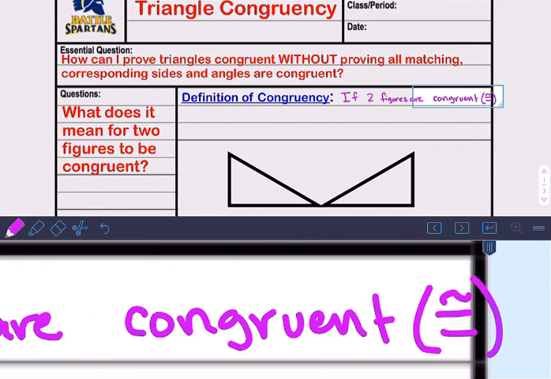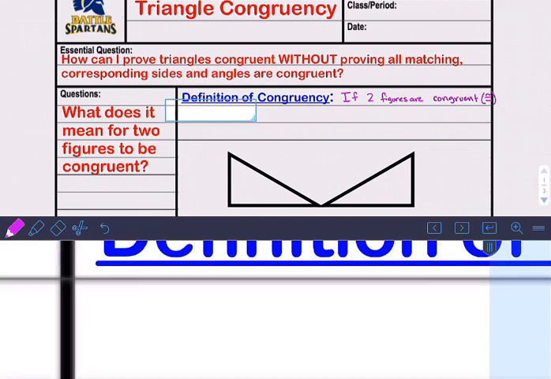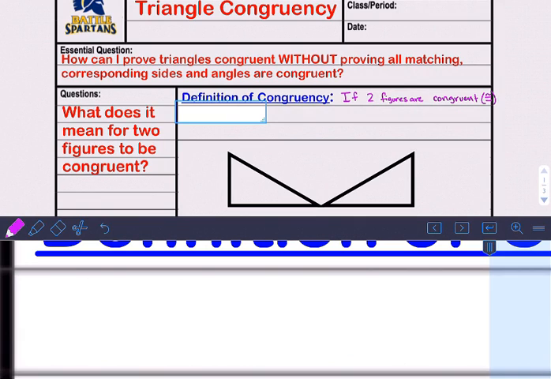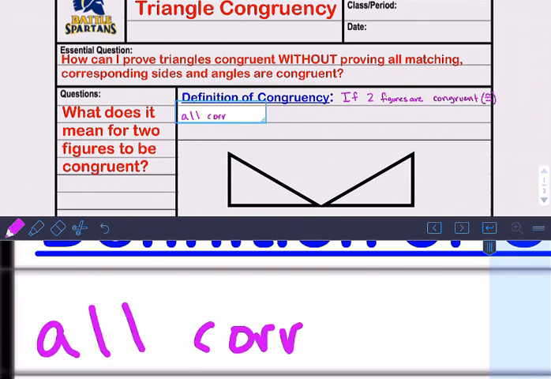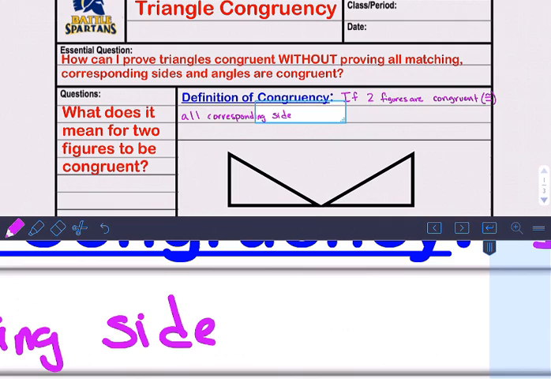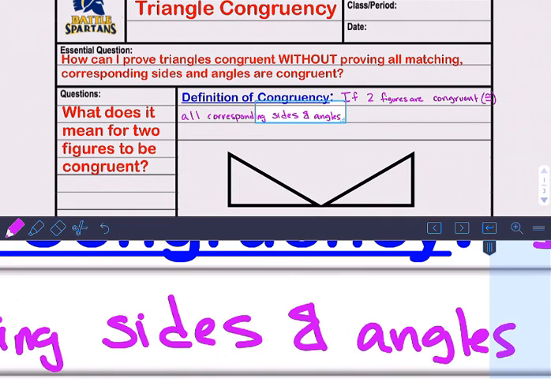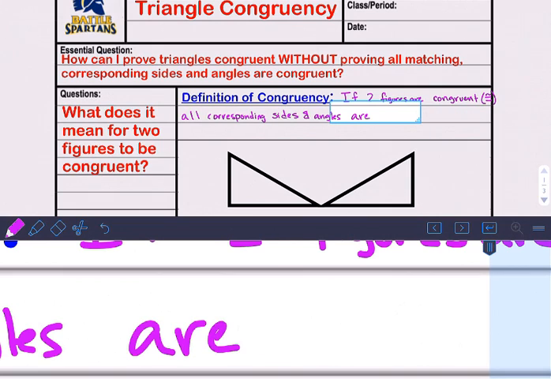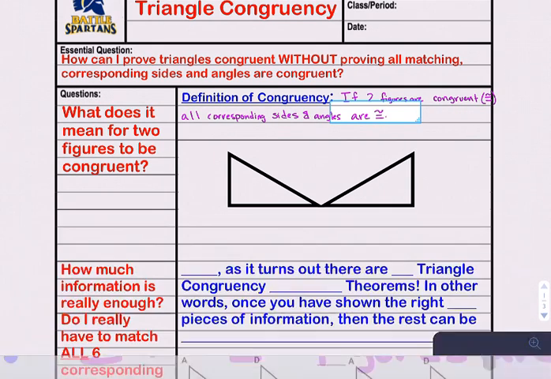Remember, that's the congruency symbol. So if two figures are congruent, that means all corresponding sides and angles are congruent. Okay? And that's a condition that we cannot get around.